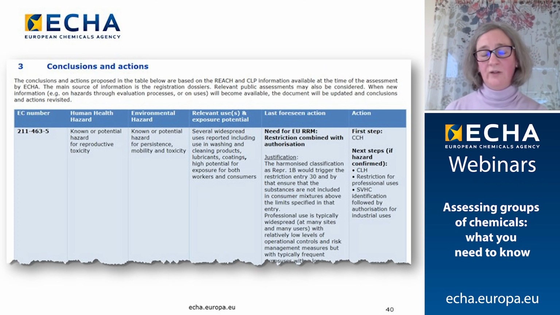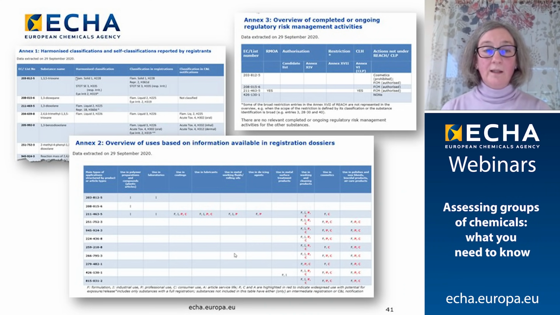So now on the screenshot, you see only the outcome for one substance. Of course, you will have in the table all substances covered under the report. What you will find also in the report are actually those annexes.